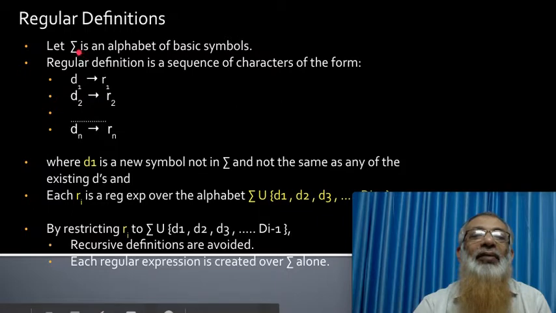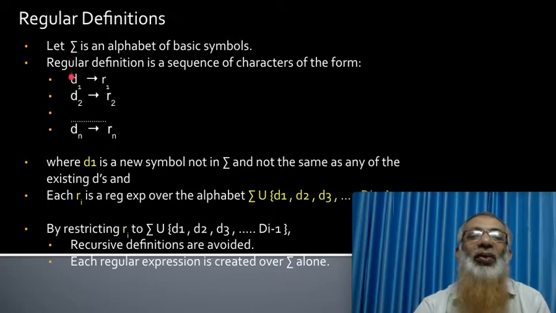See, here we can see that we have some basic set of alphabets, and it is represented by this symbol sigma. Now a regular definition is a series of definitions. As I told earlier, we have a right hand side and a left hand side.